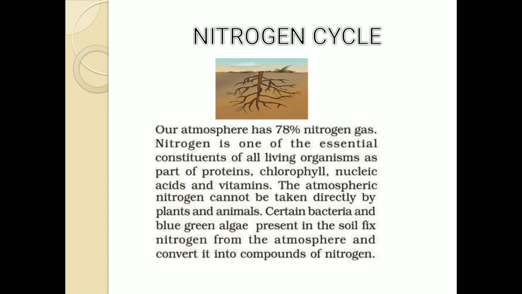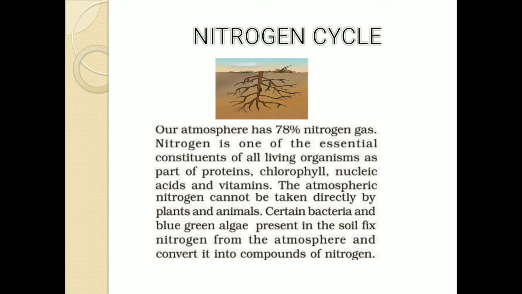The nitrogen cycle is important for us. One important gas, which is nitrogen, is present in the atmosphere and it cannot be used as such. Our atmosphere contains 78% nitrogen.